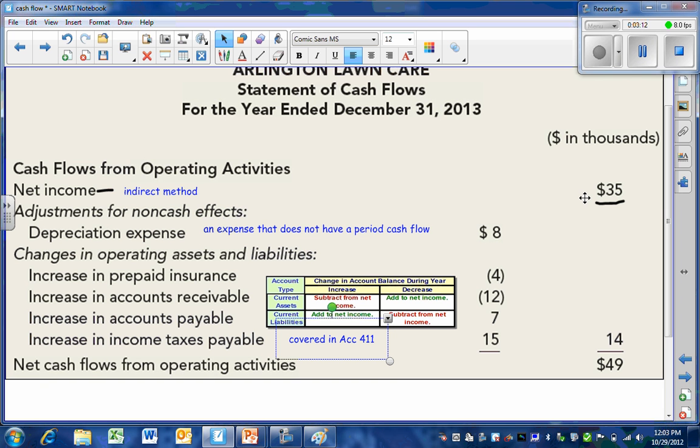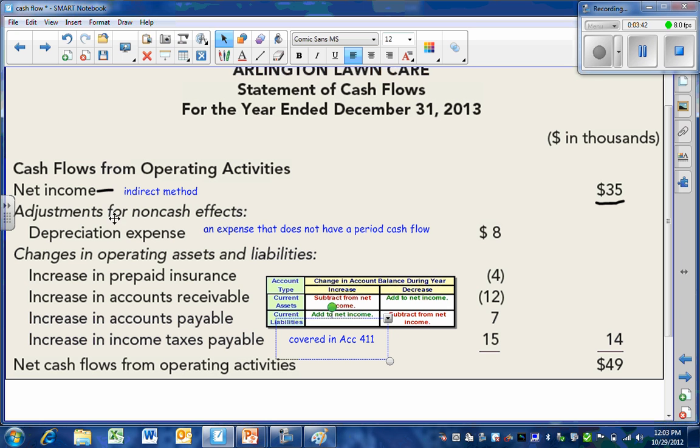From net income, which is reported on the income statement based on accrual accounting, we have to make certain adjustments. Now, we will be covering this in depth in ACC 411. For right now, you just need to know the difference in the formatting, not so much in the calculation of the amounts. So in the indirect method, we will begin with net income.